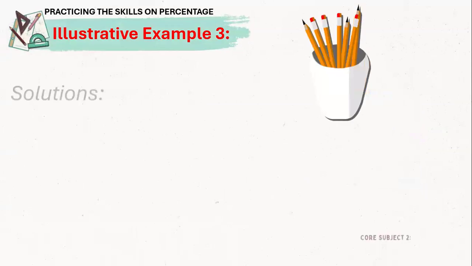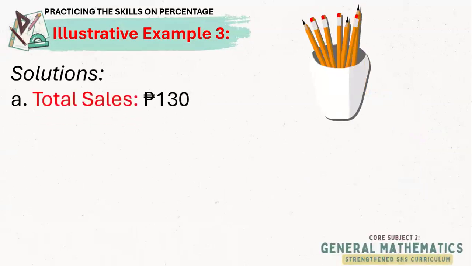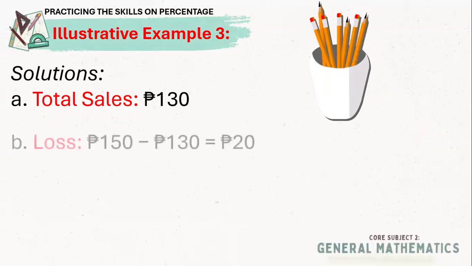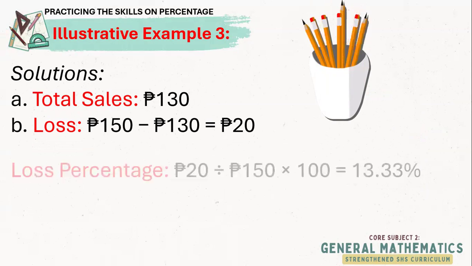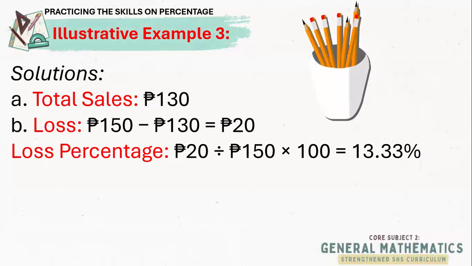Let's have letter A. To get the total sales, that's 13 pesos times 10, so that's 130 pesos. So his loss is actually 20 pesos because originally those pencils cost 150. So he lost 20. And then we have 20 divided by 150 times 100.